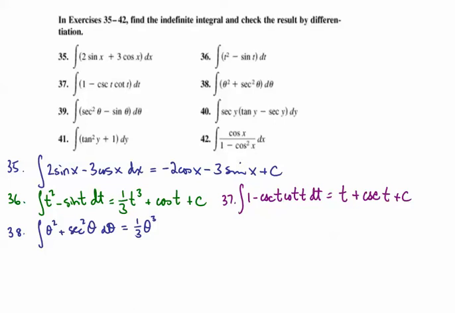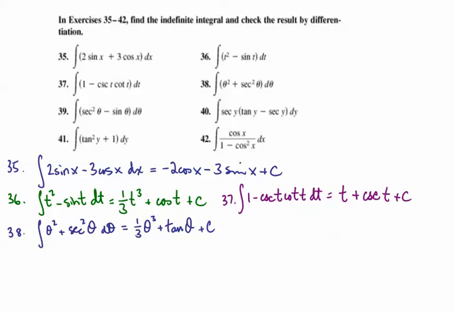Then secant squared, we're going to ask what is the function whose derivative is secant squared, and that's just tangent of theta and plus c. So don't get trapped in the increase and divide there. You're looking for which function's derivative is secant squared.